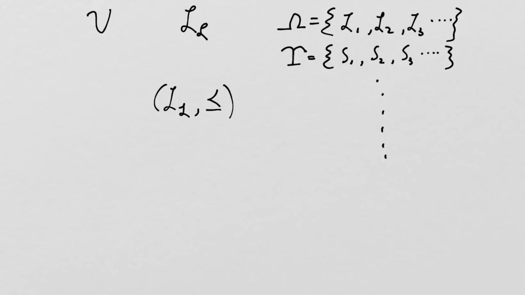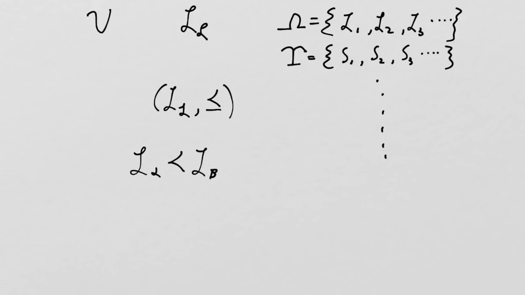A partial ordering is a way of comparing elements of the set and saying that one is greater than the other. So if I take two elements from this object, say I pull out a set L alpha and then a set L beta, I should be able to say one of three things.